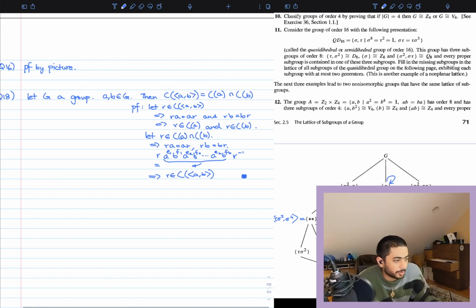So let's figure it out. Every element in the quasi-dihedral group can be written as sigma to the i, tau to the j. So what happens when we do sigma to the i, tau to the j times sigma times tau to the negative j times sigma to the negative i?